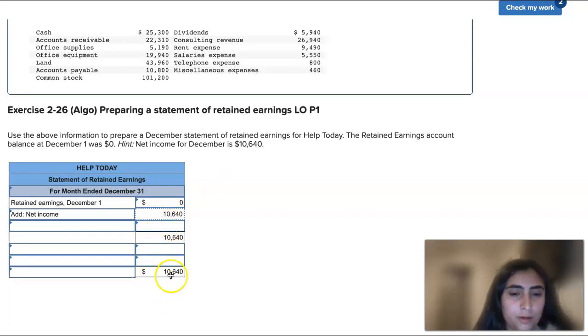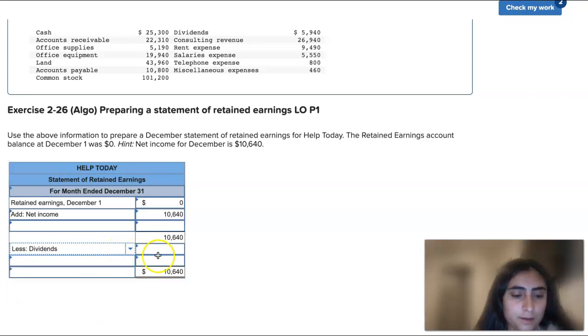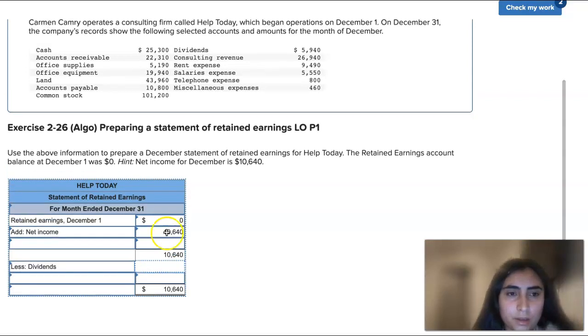Some of it is already filled out with information, but just focusing on the next line. Now we are going to put here less dividends, so we look at the dividends.